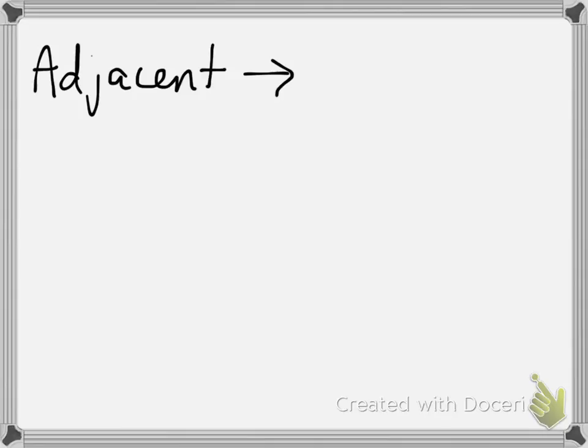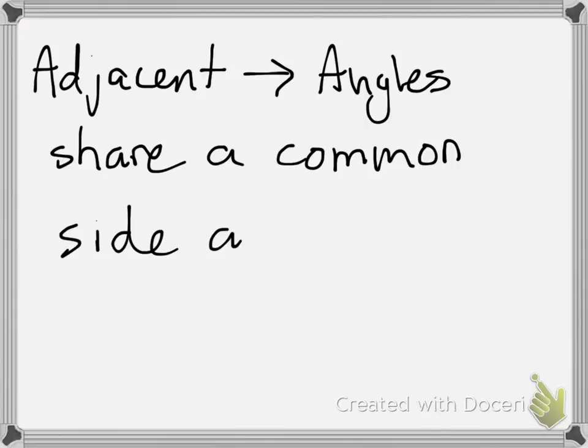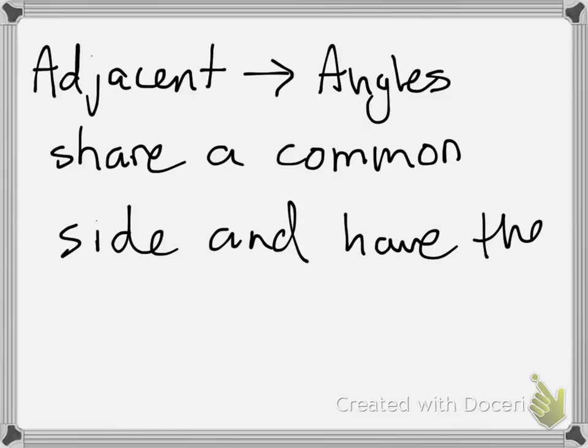So by definition, if we're going to write adjacent, it means where angles share a common side and have the same vertex.